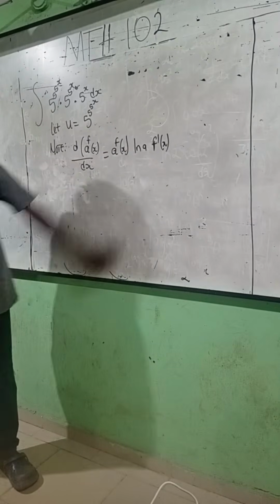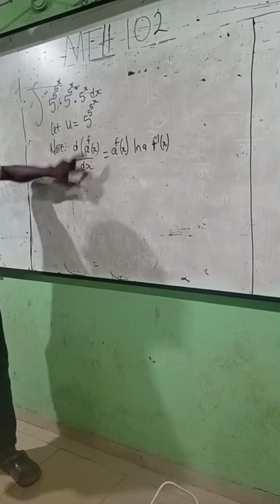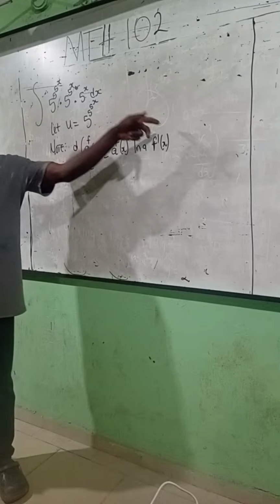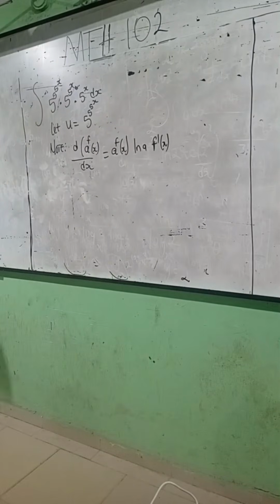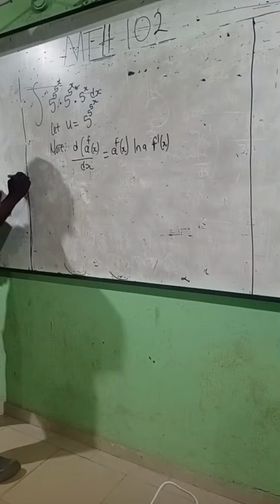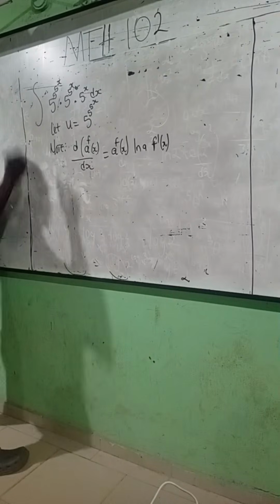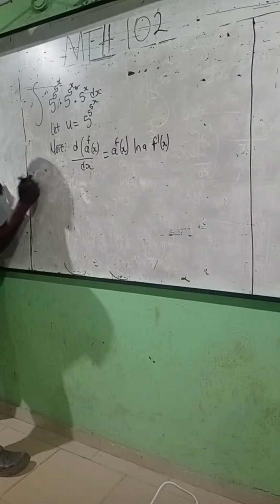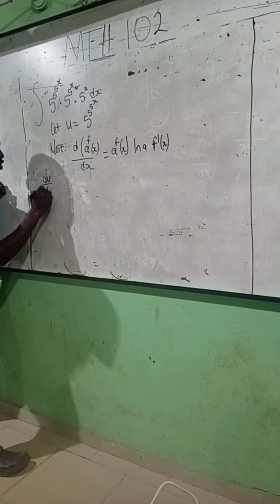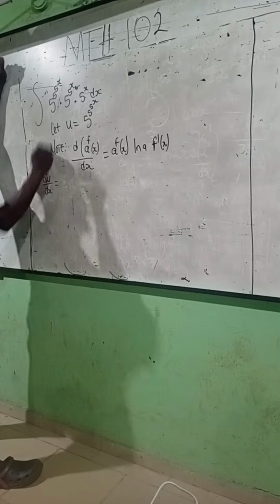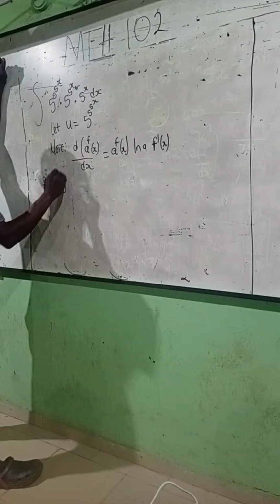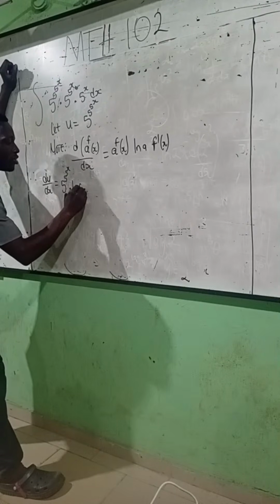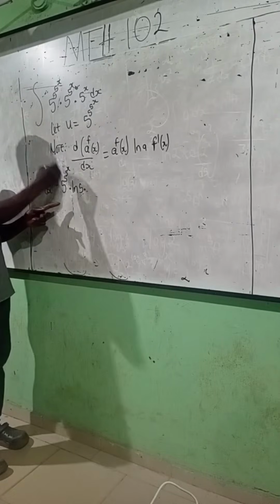Note, if you have a derivative, it equals the function itself, ln a, then the derivative of the power. Are we together? So now, du over dx is going to give us 5 raised to power 5 raised to power 5 raised to power x, ln 5, dot the derivative of the power.